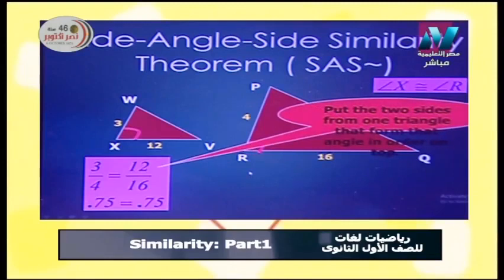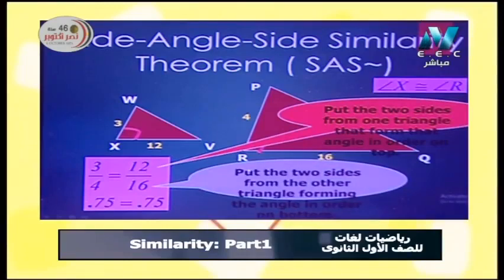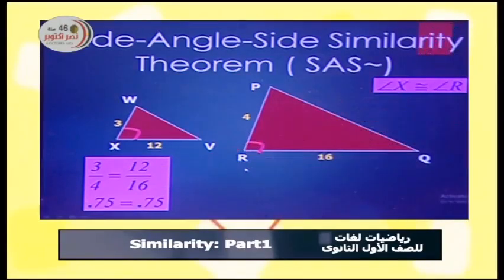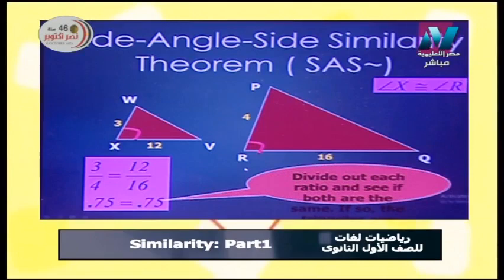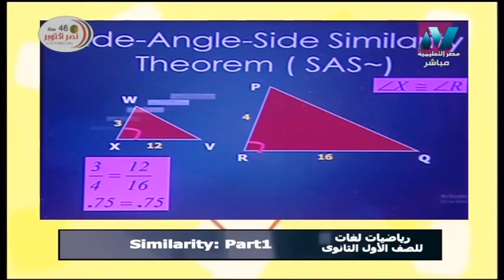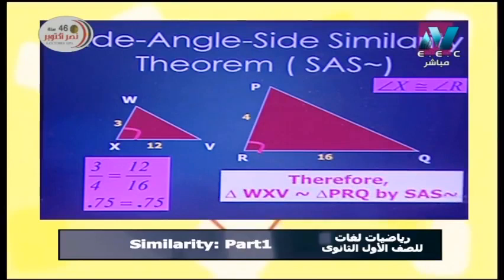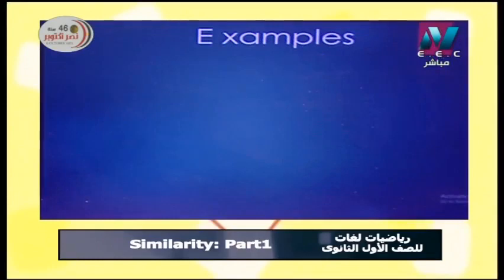Put the two sides from one triangle, put the two sides from the other triangle, divide out each ratio, and the ratios will be equal. Therefore, triangle WXV is similar to triangle PRQ by SAS, which means side angle side.